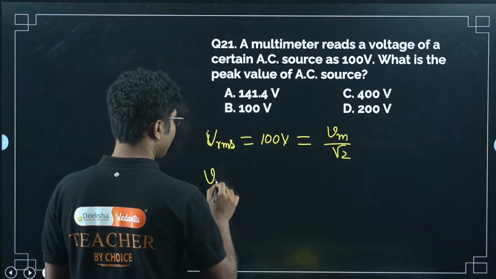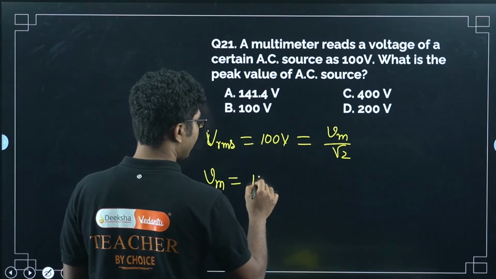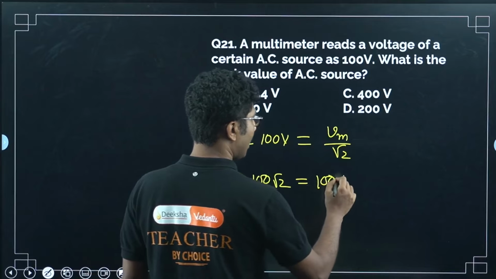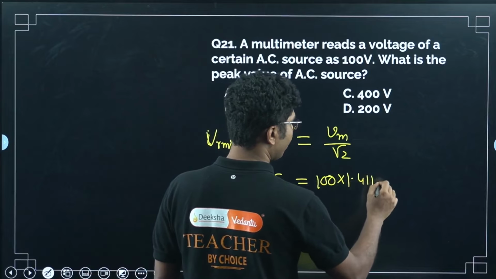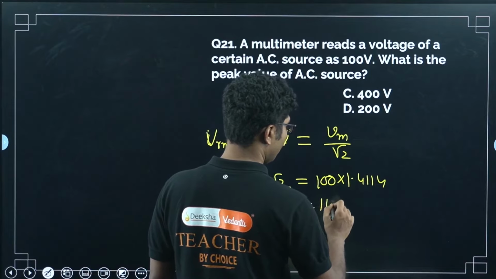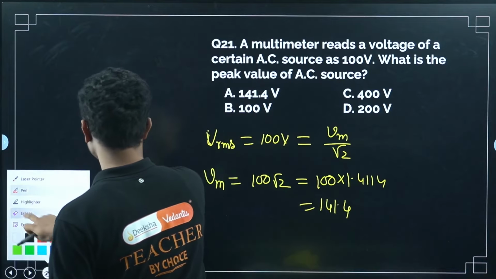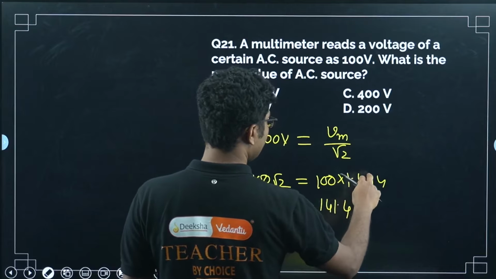So peak value is 100 √2, that is 100 times 1.414, that is 141.4, right? So 141.4 is the correct answer.